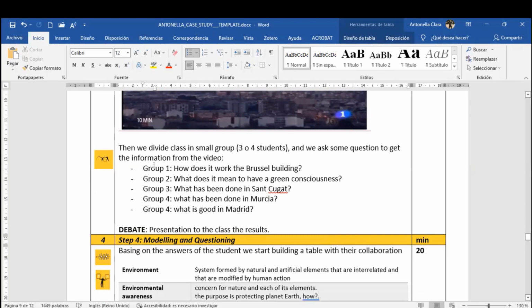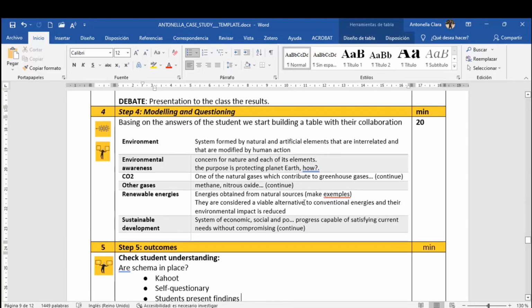And with this question, again, because I think the question is the best way to stimulate, they try to explain with their words what they have seen over there. We are modeling, helping them to build the definition. So, for example, in the first case, I say environment, and I ask what is the definition of environment.